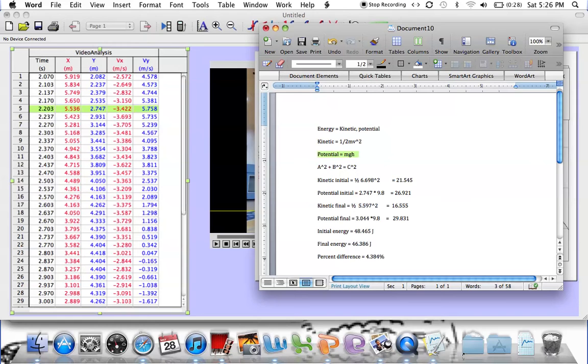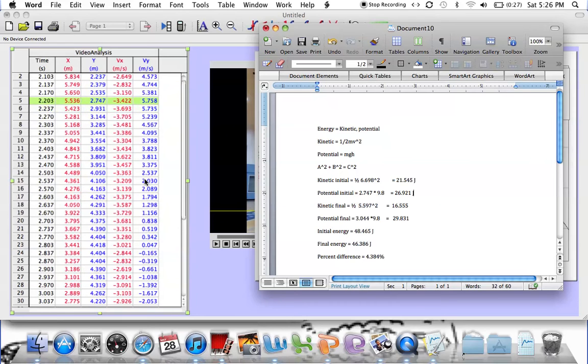So using these values, our initial kinetic energy was 21.545 joules. Furthermore, in looking at our potential energy at 2.203 seconds, we see that we are at a height of 2.747 meters above the ground, which yields a potential energy of 26.921 joules.